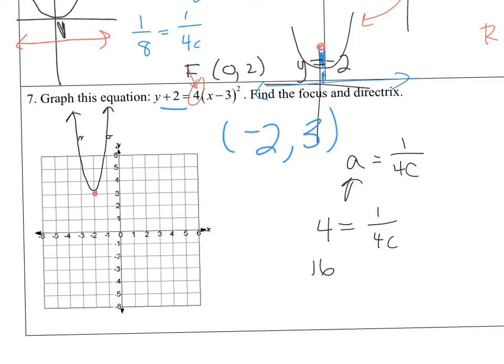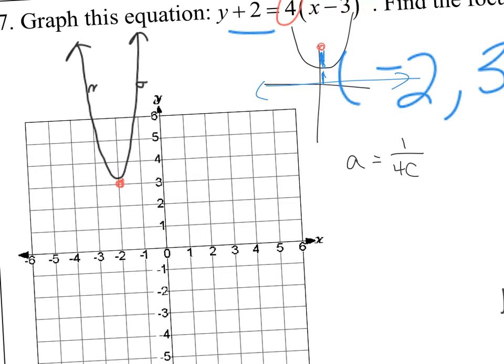So 16 c's equal 1, so c equals 1/16. So that means my focus is 1/16 up from the vertex, and my directrix is 1/16 down.